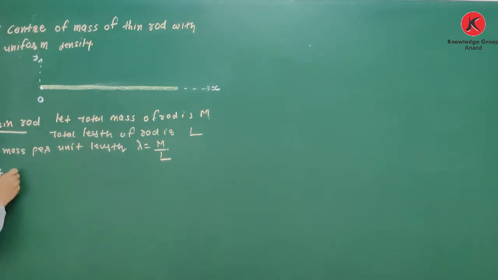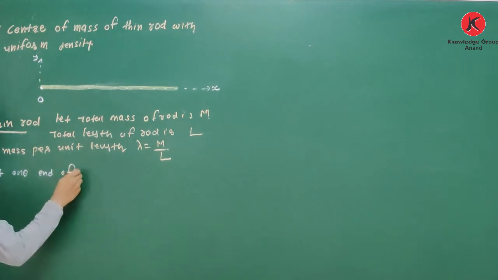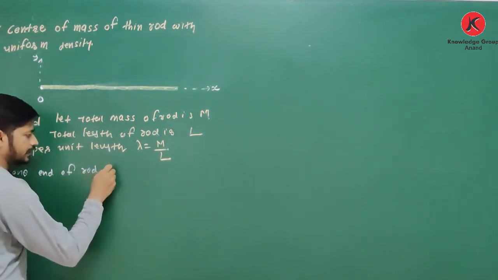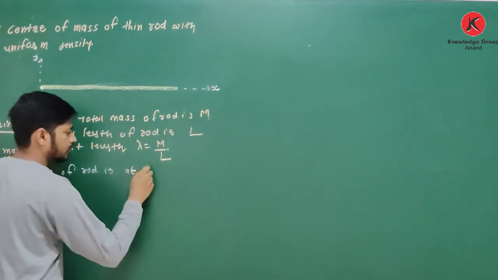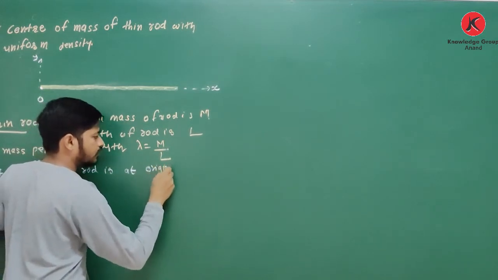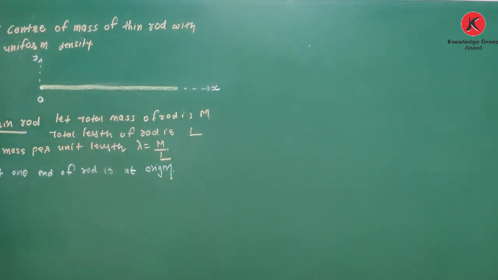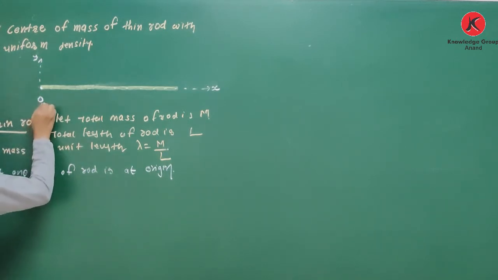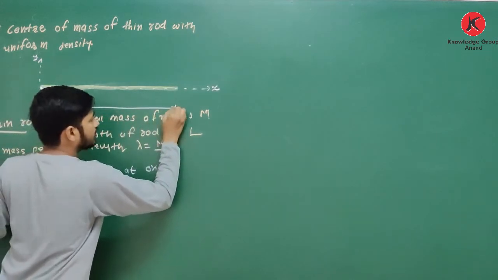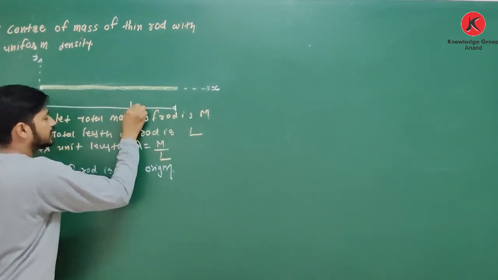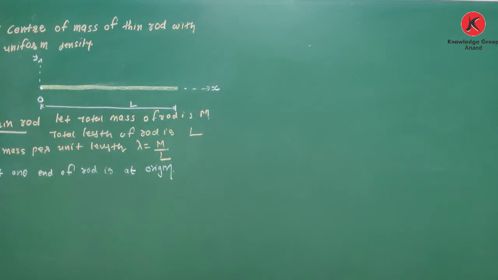Let one end of the rod be at the origin. And we know that this length is L. Simple? So one end is at the origin.